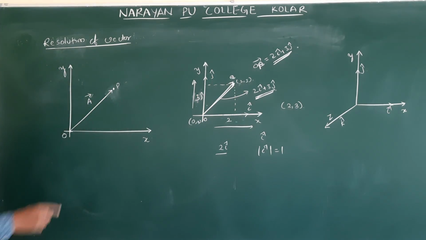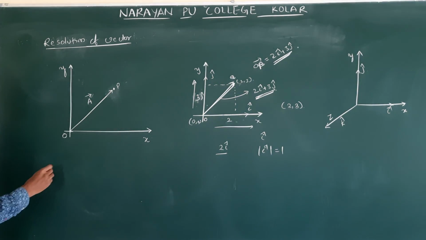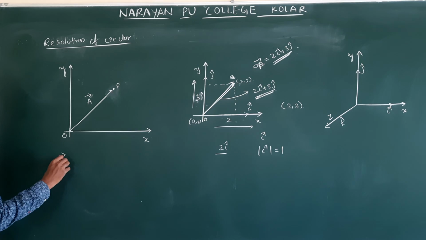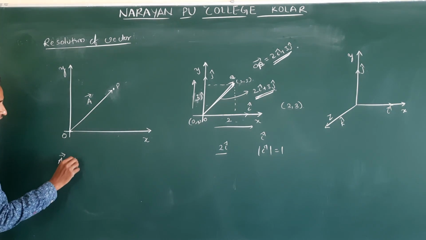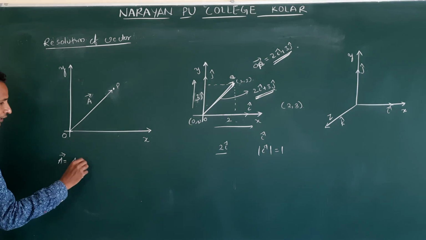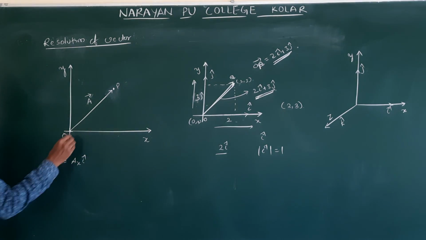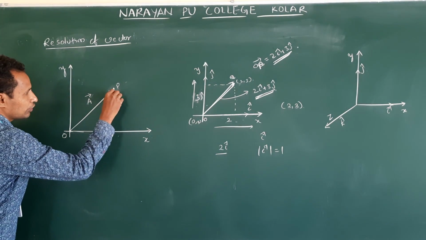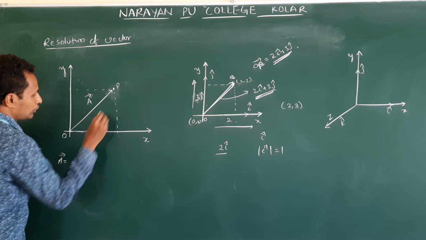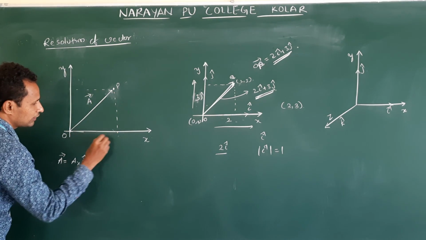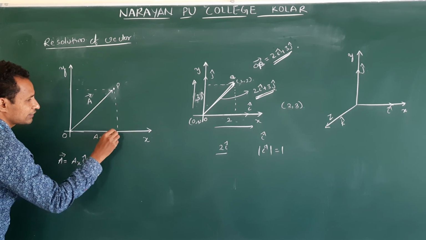Come to this point. Position vector A, how can we write? The A vector has a component along the x direction, which I am taking as Ax I cap. So this is Ax.